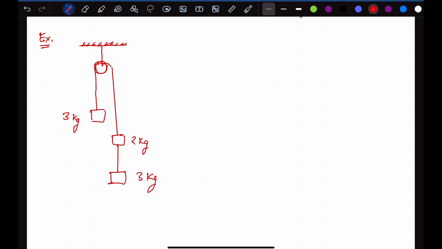Now we need to find the acceleration and the tension in the individual strings. Let's suppose this is T1, this is T2. We need to find T1 and T2.